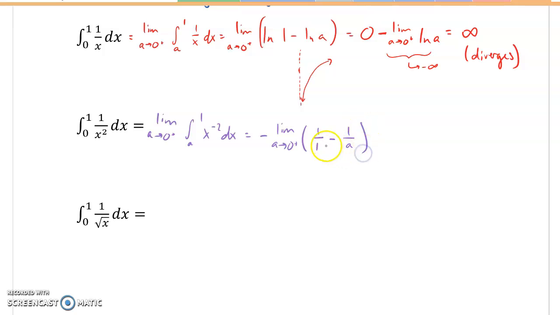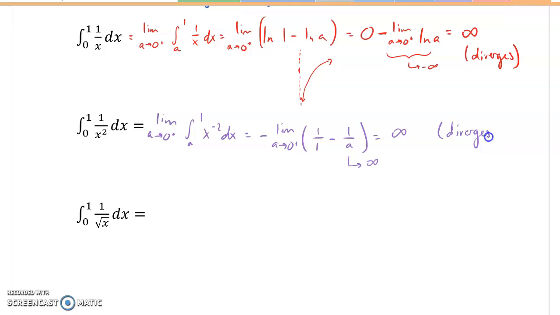Now last time we were letting b approach infinity in the denominator, and that went to 0. This time we're letting the denominator approach 0, and 1 over 0 is infinite. So we have negative 1 minus a negative infinity, or 1 plus infinity, which is infinite. So this one also diverges.